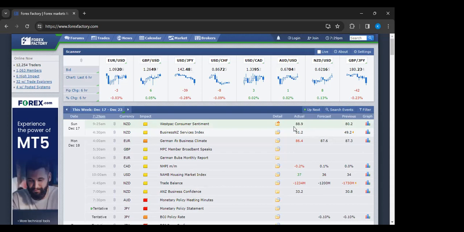Apple. For those of you who do trade futures, hopefully you know which index funds or which index groupings Apple falls into so that you can pay attention to it.